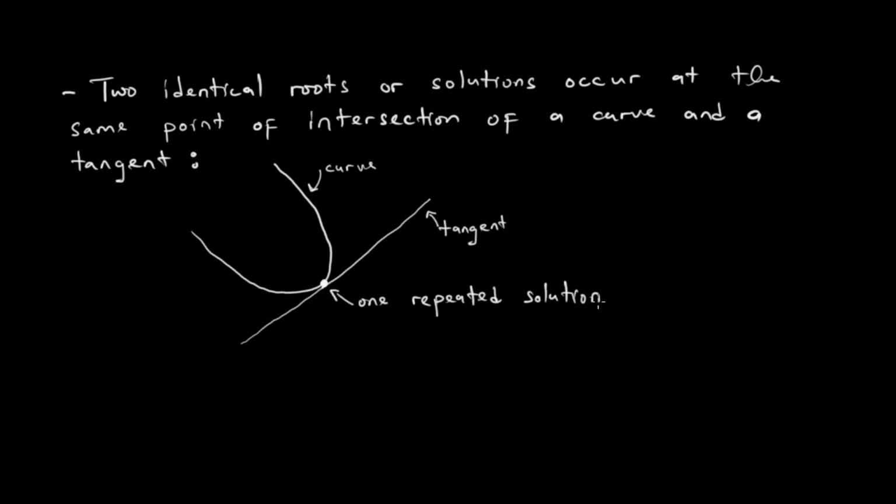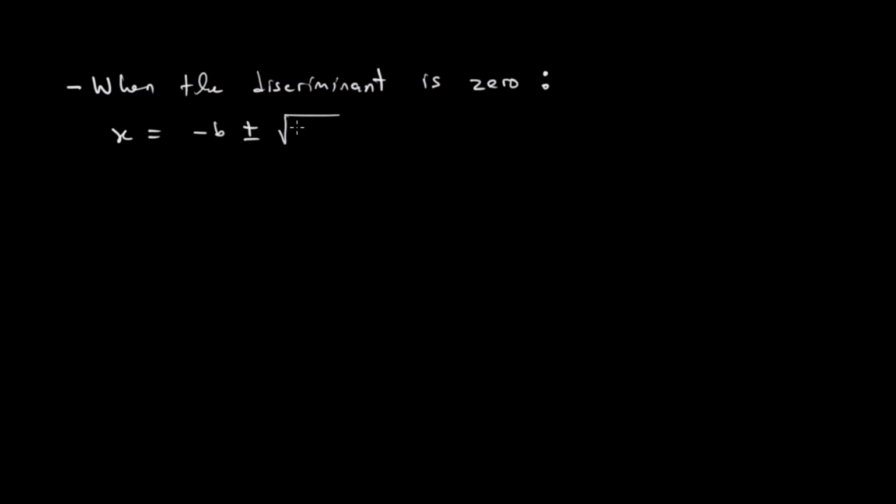If the discriminant is 0, the quadratic formula is then reduced. So let us dramatize this. When the discriminant is 0, remember that x is equal to minus b plus or minus the square root of b squared minus 4ac over 2a.